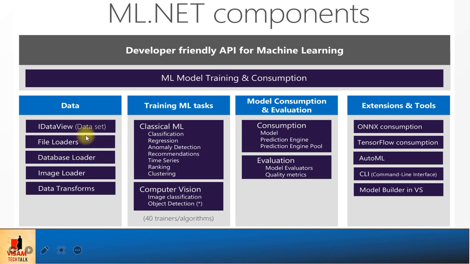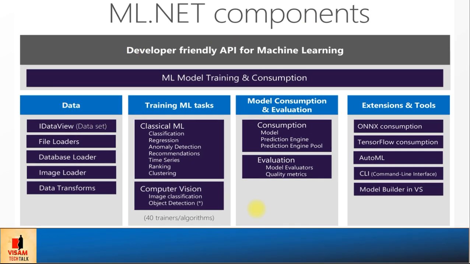Let's try to see each and every section in the ML.NET components. Majorly there are 7 major components, which you can see here. Under data components, data loaders is one part, data transformer is another part. Under the training ML task component, we can see the classical ML component and computer vision component.